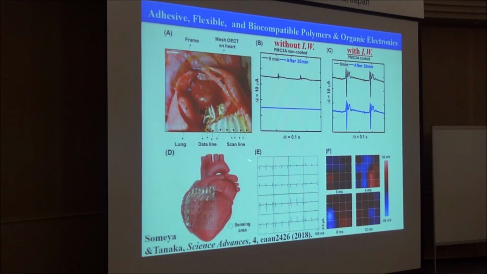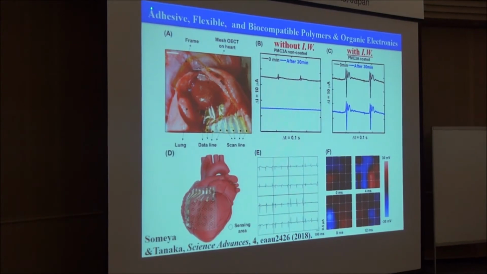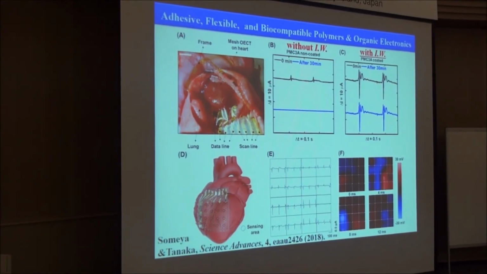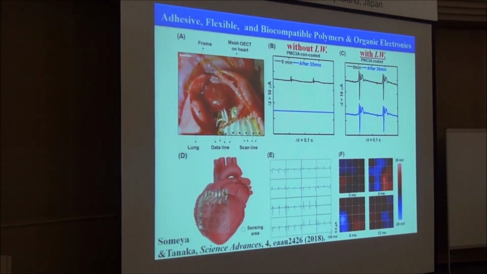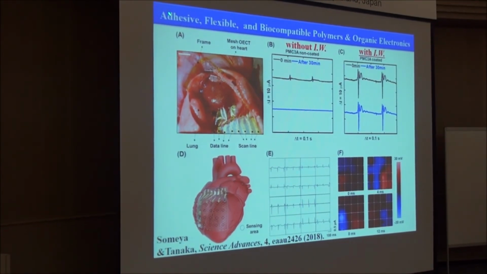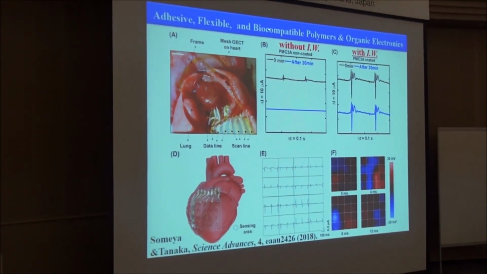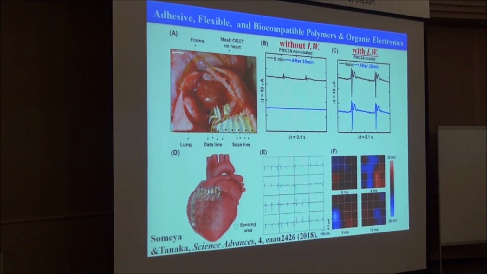This is just a demonstration. This is an animal hat. Like this, adhesive. This is the meaning of multifunctional biomaterials: adhesive, flexible, and biocompatible, many functions. Normally it is difficult, even impossible, but we have made biocompatible polymers and organic electronics, a fusion of materials.